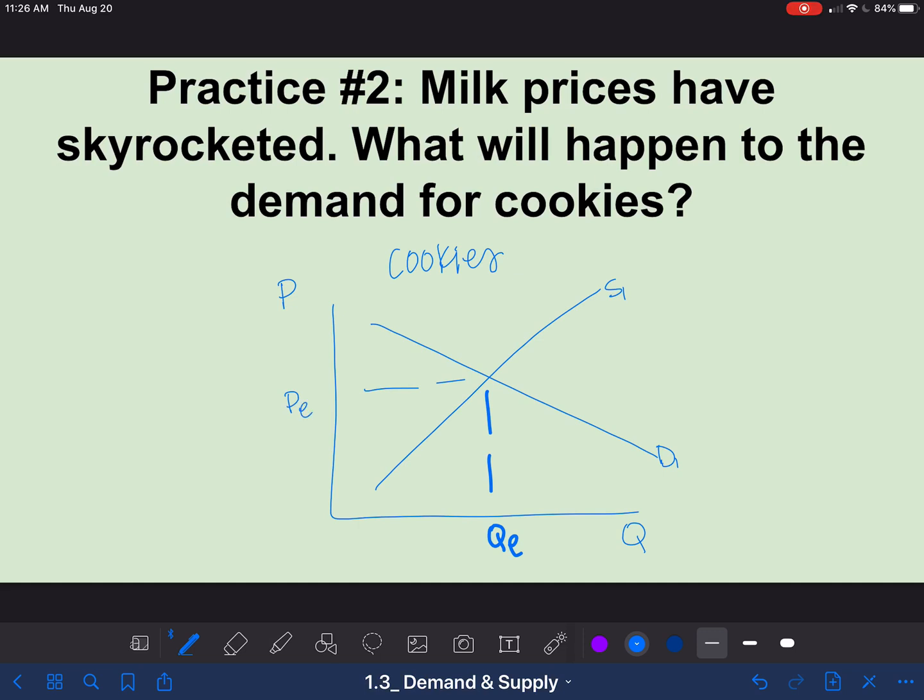So if milk prices have skyrocketed, are we going to buy cookies? No. If milk prices are on the rise, we're not going to buy any cookies because cookies and milk go together. So we're going to have another decrease in demand example, and it's going to go to the left. And that's what a decrease in demand looks like.